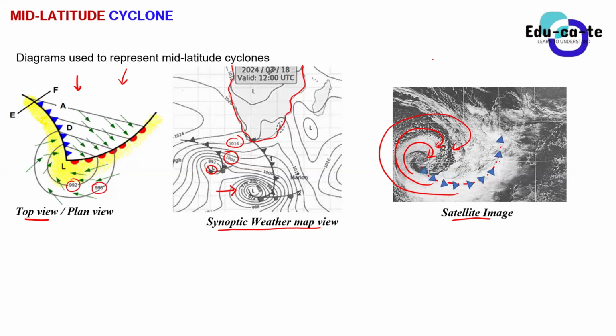If they ask you which hemisphere this mid-latitude cyclone is in, what would you say? The southern hemisphere, yes, because the clouds are swirling clockwise, showing that the rotation of the air is clockwise.